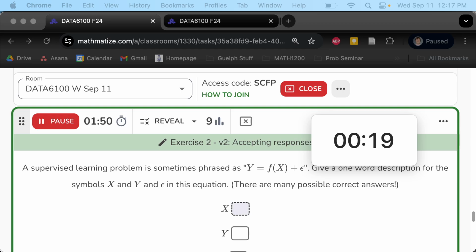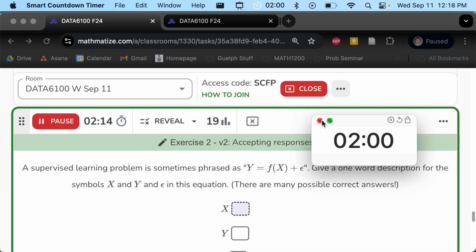Okay, 20 seconds left. Put in what you think epsilon is. It's some kind of error, but tell me more specifically, what kind of error is it? Okay, last 5 or 6 people, put in some answers. Okay, there we go. You see, people learned from the last time when I closed it.